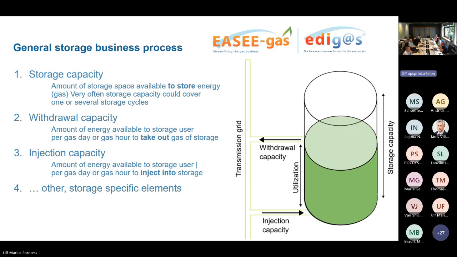But there are some common attributes, and there can also be some differences in the way storage operators operate their facilities. So in this presentation, I will provide examples and use cases for the messages which are created to be used for transfer of different types in the storage.